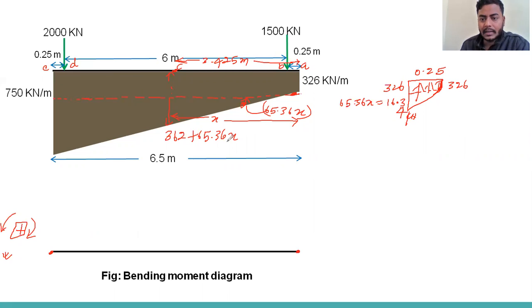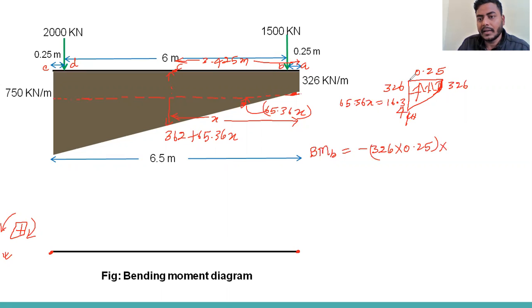So that will be easy in the calculation. So I'm going to calculate the bending moment at point B. So minus, first I'm going to calculate the bending moment for the rectangular. So that will be 326 into 0.25. This is the load. Now the lever arm we can write.